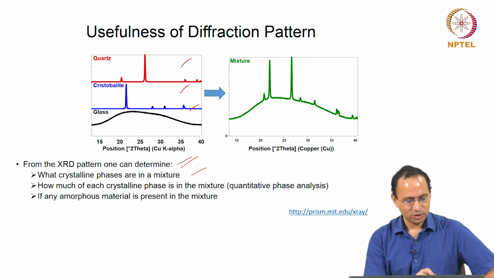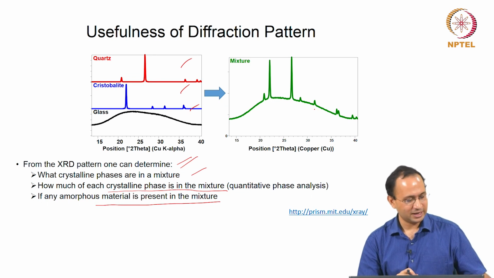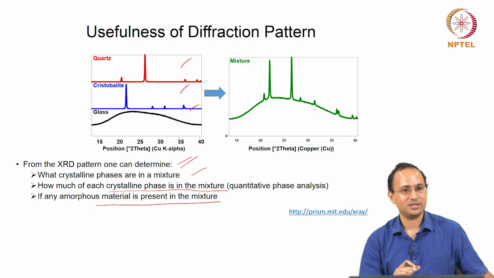How much of each crystalline phase is in the mixture, we can do quantitative phase analysis. If you know A, B, C constitute your X-ray diffraction pattern and all are crystalline phases, we can calculate. There are ways, we will go over that. It is called quantitative phase analysis. We can also tell if your sample has an amorphous phase or not. In this case, you can clearly see you have a contribution from the amorphous phase. So there are a lot of things we can get out of it. There are other things also, but we will focus on these.